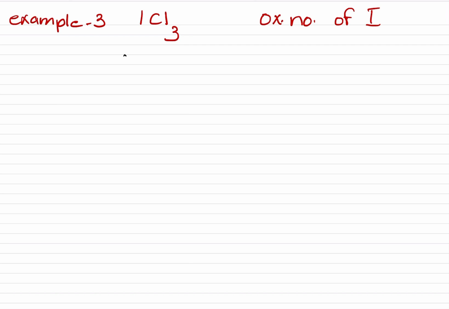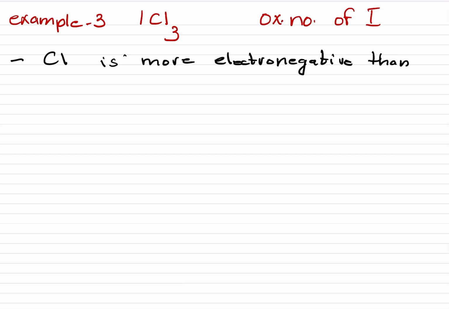Iodine trichloride, ICl3. Here we have to find the oxidation number of iodine. So let's begin. Chlorine is more electronegative than iodine.